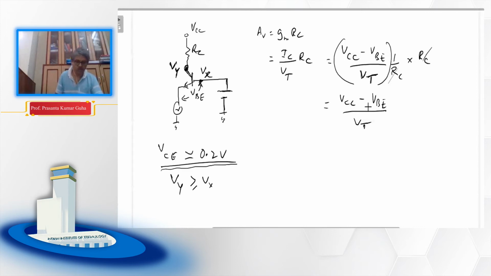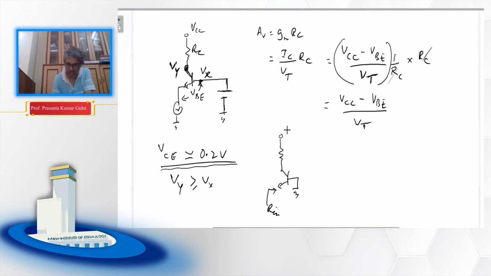Now let's move on and look at what about the input resistance or input impedance of such an amplifier, okay. Again, if you use the concept we have discussed already, we can straight away write that this is your Rin.